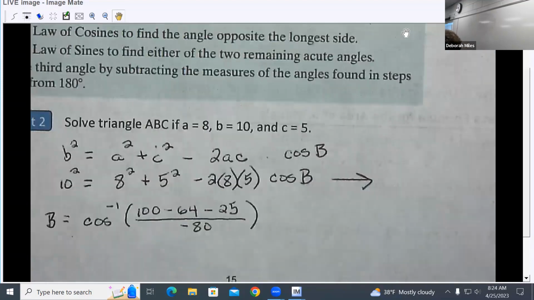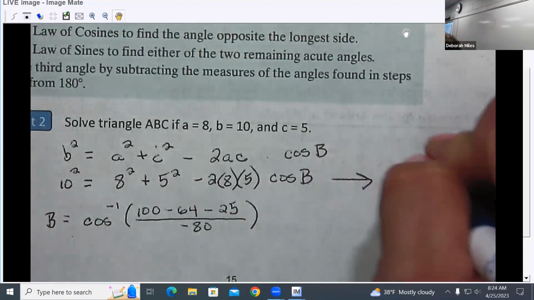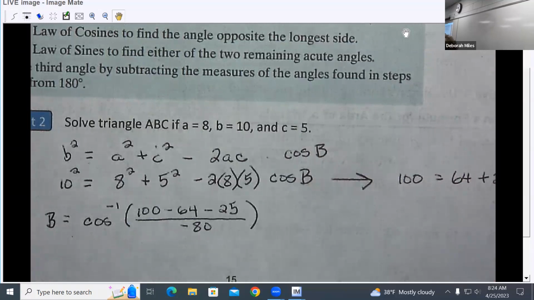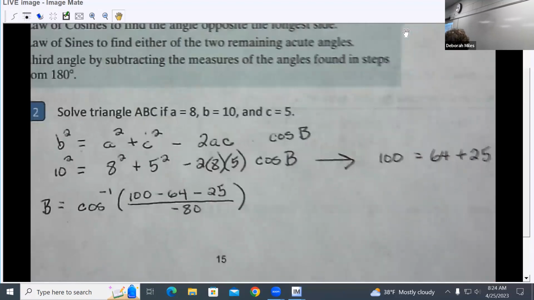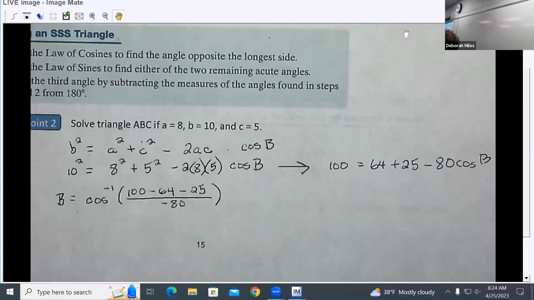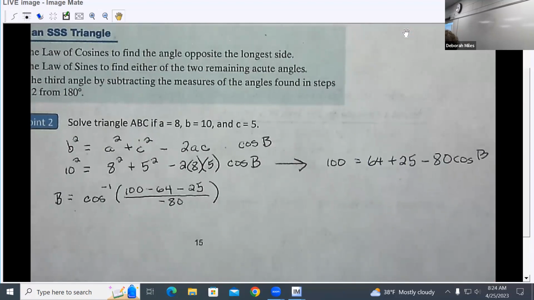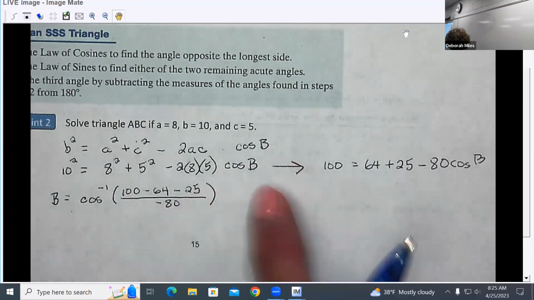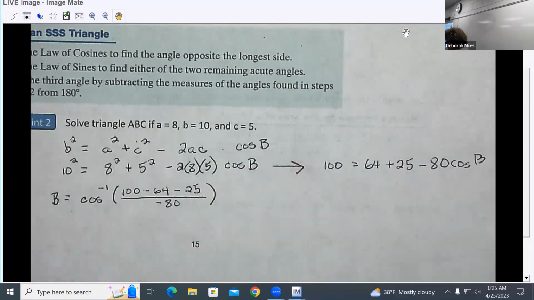Here's your middle step. 100 equals 64 plus 25 minus 80 cosine B. All I did is square everything that needed to be squared. You're okay now? You can take the rest of that leap. Subtract the 64, subtract the 25, and divide by the -80. Okay, good.